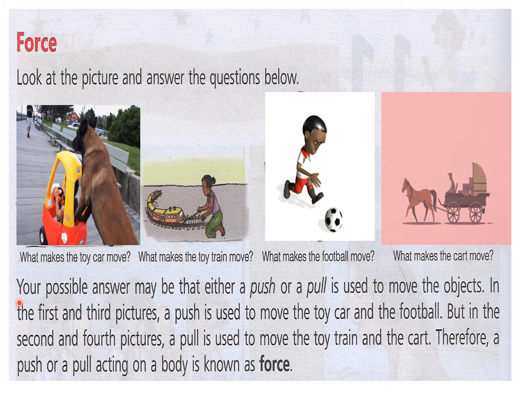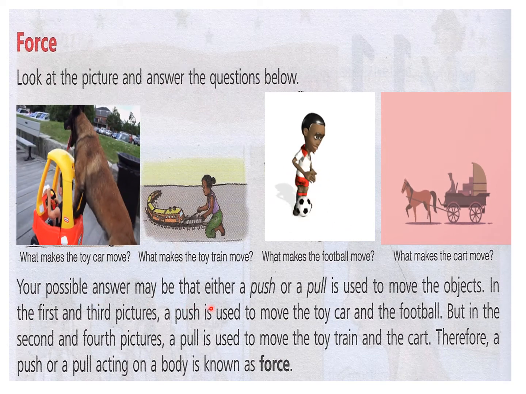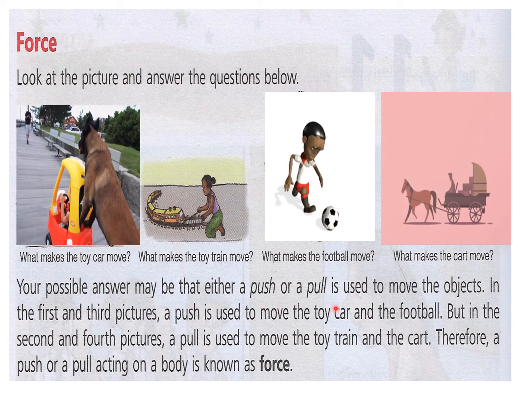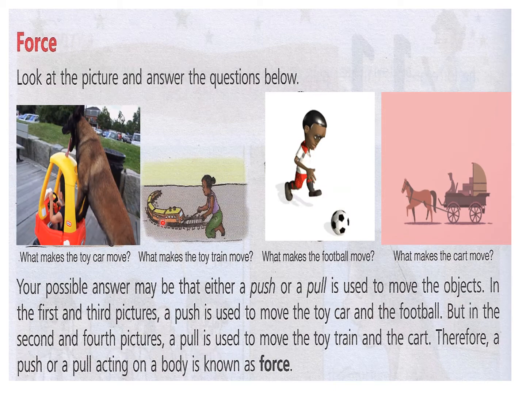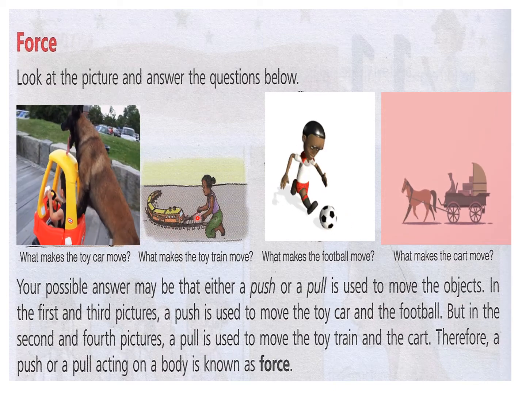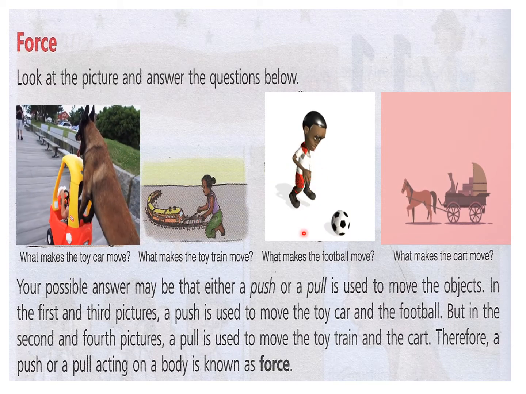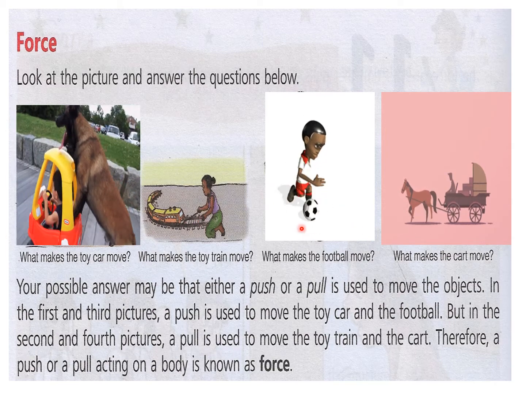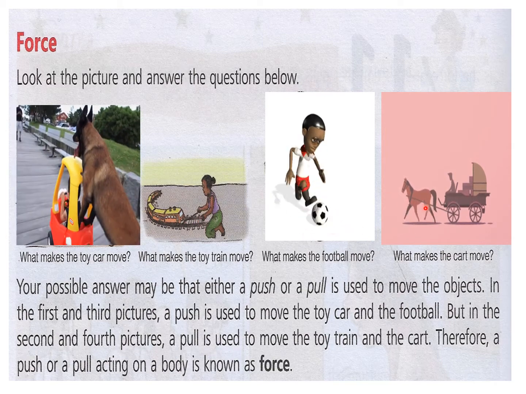So let's read. Your possible answer may be that either a push or a pull is used to move the objects. In this, the dog is pushing. In this, the girl is pulling this train with a string. Then in this, the boy is pushing the ball. In this, the horse is pulling the cart.